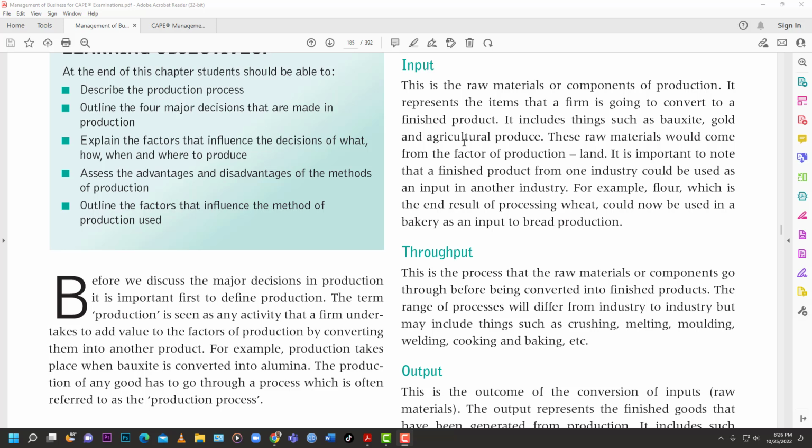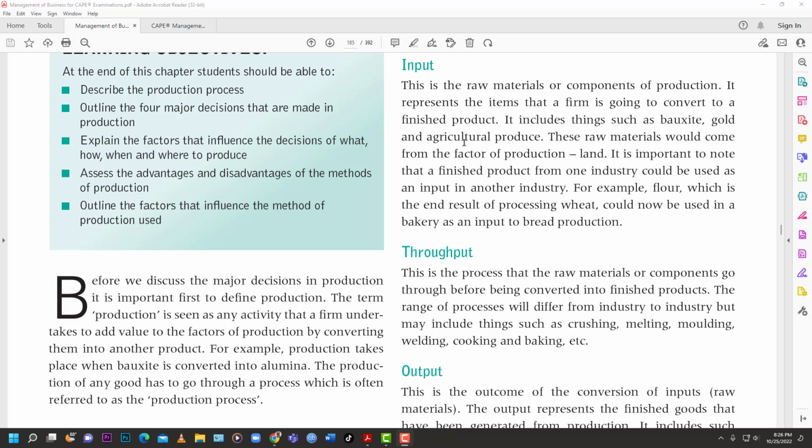So that's one thing you have to realize, that the finished product of one industry, let's say the primary industry, or the secondary industry, can be used in another industry. For example, taking raw materials such as wheat and grinding it into flour, the flour now becomes the raw material for a baker, for a cook, or whomever.